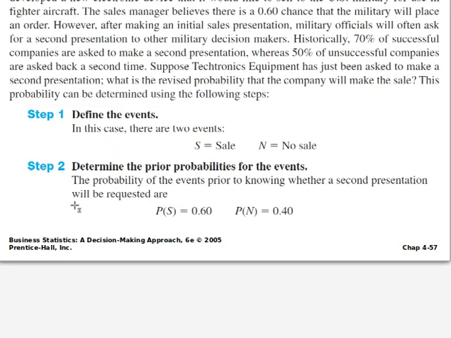The probability of the events prior to knowing whether a second presentation will be requested are P of S is 60% and P of no sale, or P of N, is 40%.